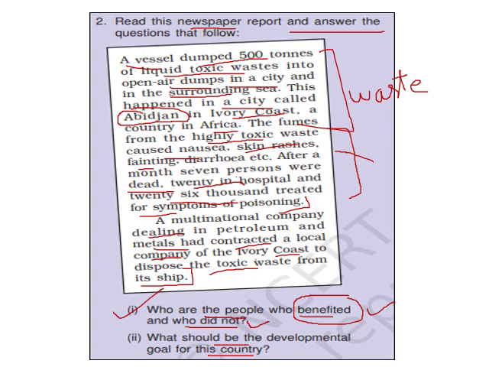So when we talk about the development goal of this country, it should be proper arrangement or proper disposing of the waste, in a way that it should not harm any people in the society, and at the same time it should not release foul smell or poisonous gases that create disease in the local areas, and it should be disposed of in an area where people are not living.